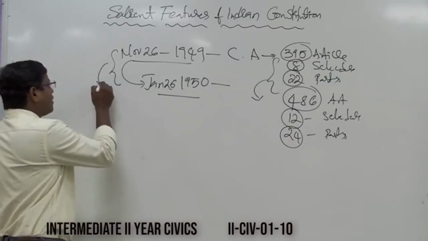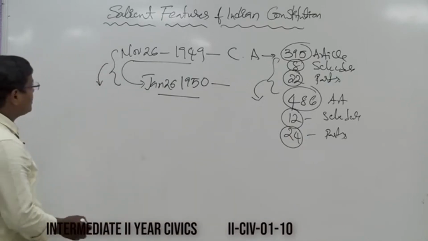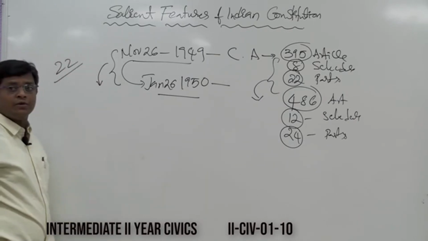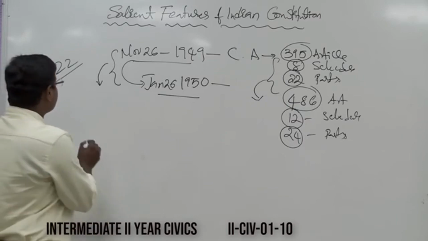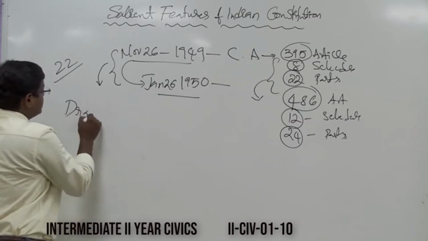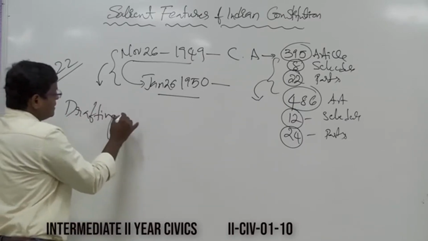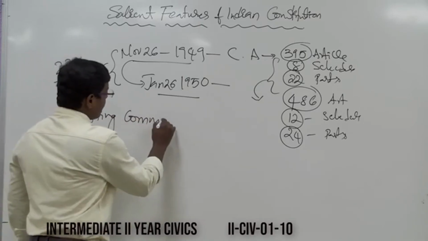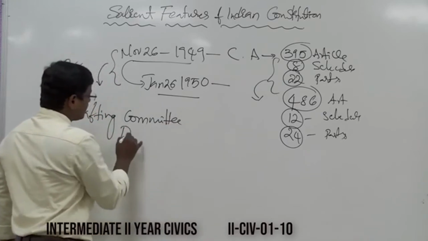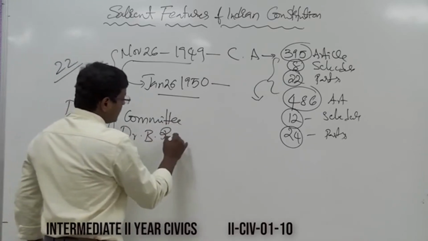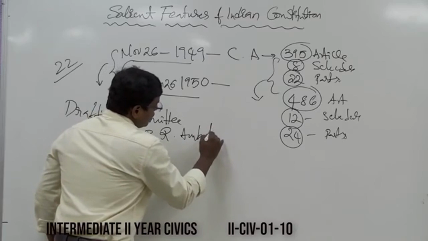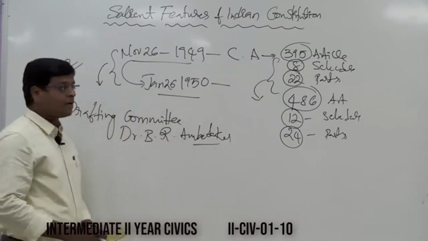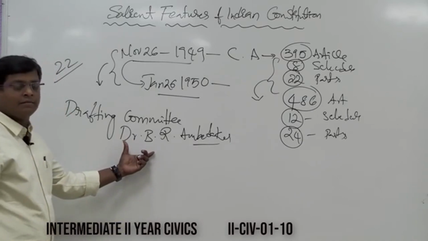For making our Constitution, the Constituent Assembly formed 22 committees. Among them, the very important one is the Drafting Committee. You know very well, the Drafting Committee was chaired by Dr. B.R. Ambedkar, who is popularly known as the Father of the Indian Constitution.